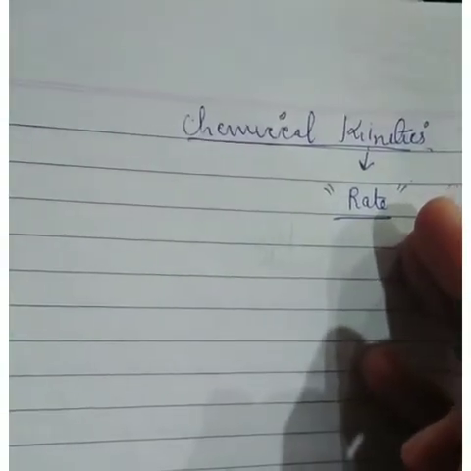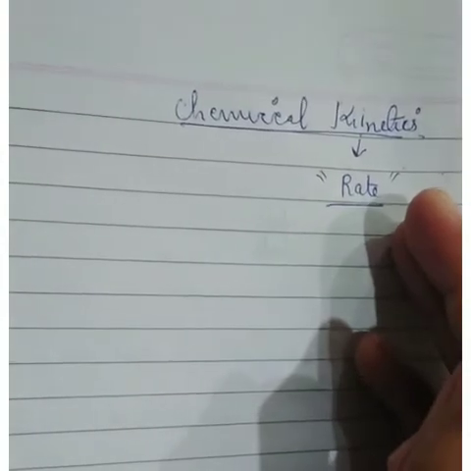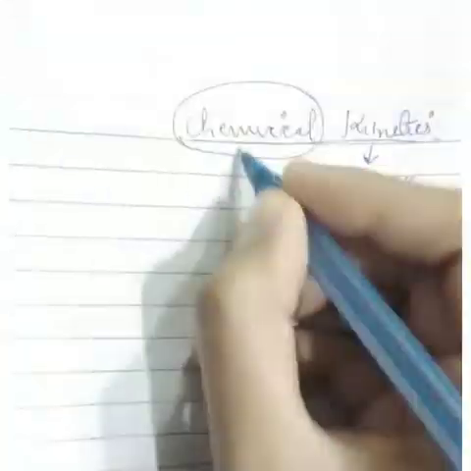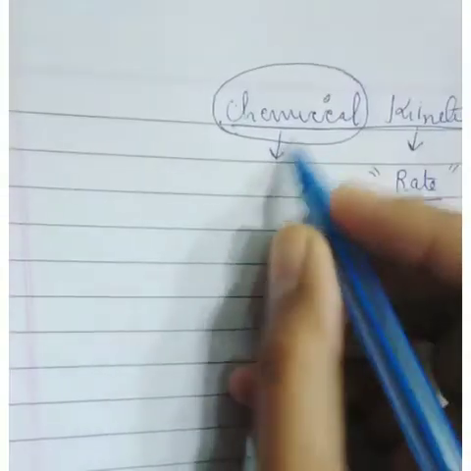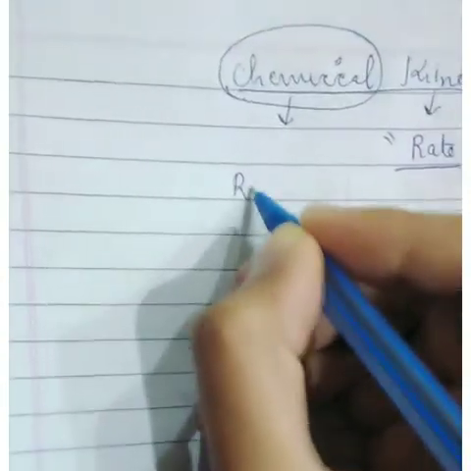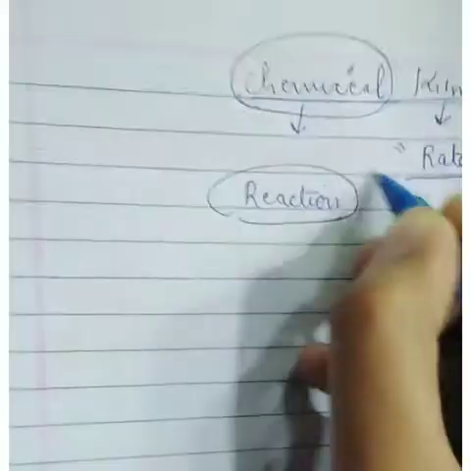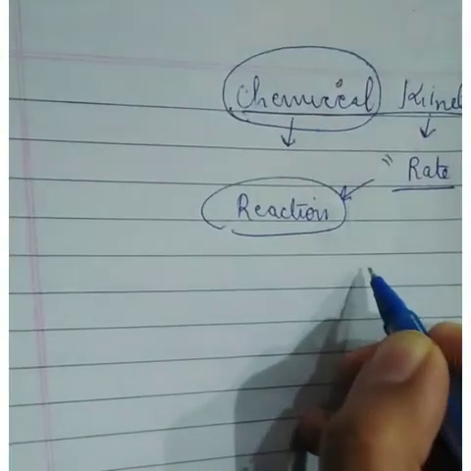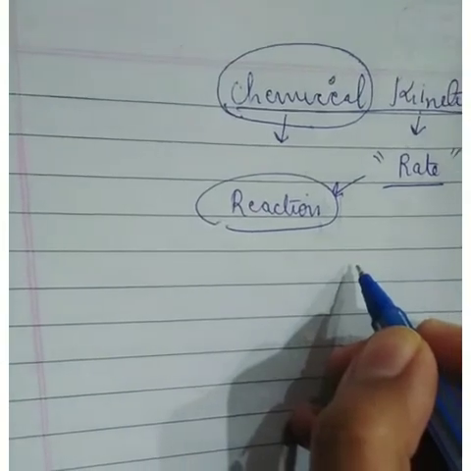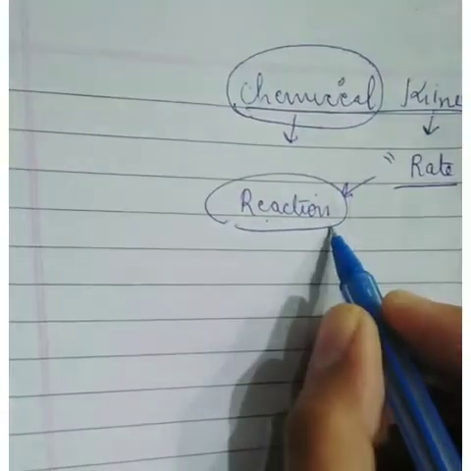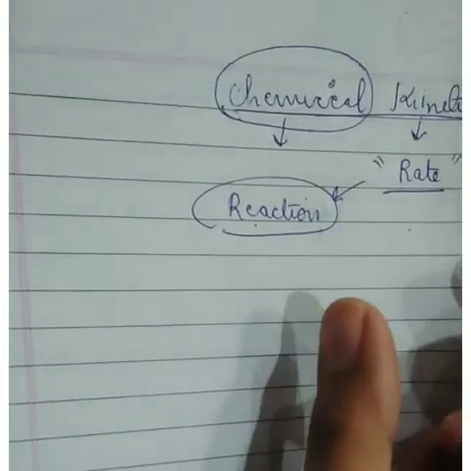Here we are dealing with chemicals, which basically means reactions. So we are dealing with the rate of reactions, meaning how much time a particular reaction takes to complete.